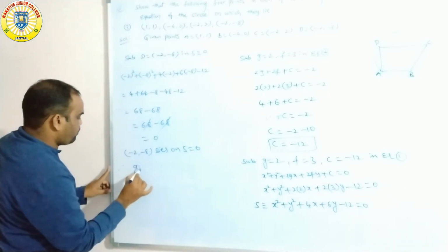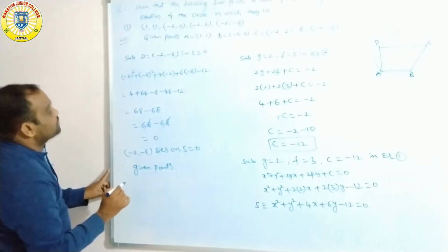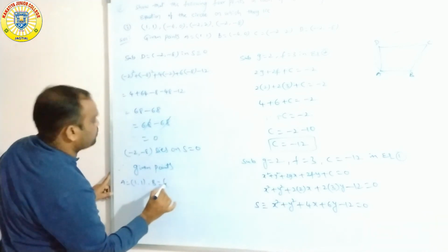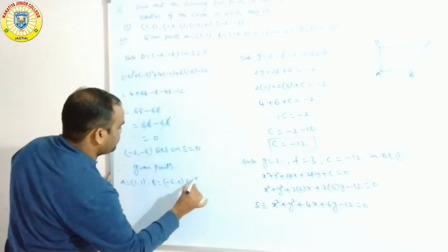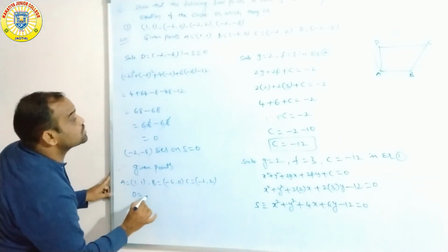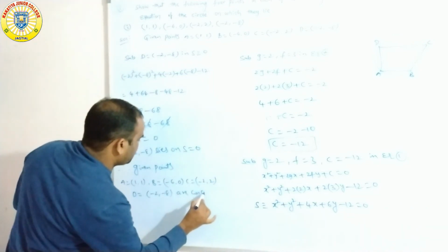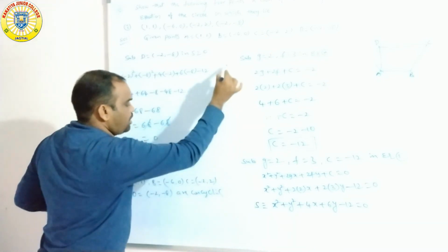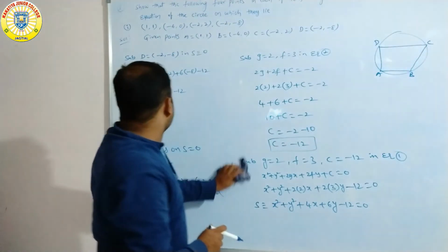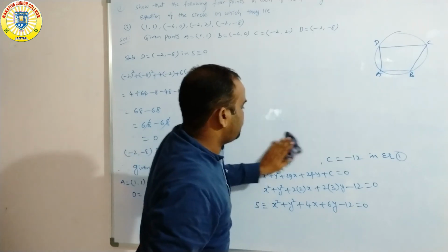Therefore the given points A is equal to 1 comma 1, B is equal to minus 6 comma 0, C is equal to minus 2 comma 2, D is equal to minus 2 comma minus 8 are concyclic. See here, in our question there are two problems: find the circle equation also.